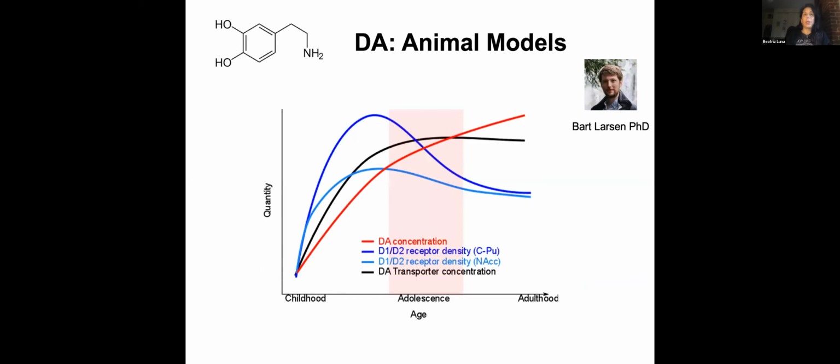When you look at the animal literature, and we really like to stay close to animal models so we can understand mechanisms in our neuroimaging data, we know, when Bart did a review of the literature, that there are many different aspects of dopamine, and each one of them seems to have a different developmental trajectory. But adolescence is, again, something that's very unique in what might be occurring. Typically, what we see behaviorally, like I said before, is an increase in motivated behaviors. And we want to understand what is the role of dopamine in this transition.